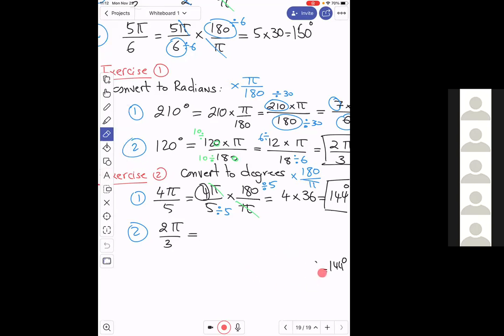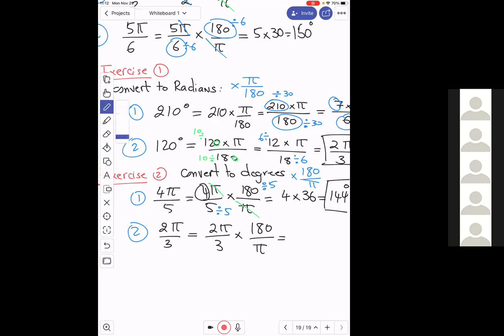So that's 144 for number 1. Number 2 is again 2 pi over 3, and we're going to multiply by 180 over pi. Whenever you want to convert radians to degrees, the first thing you can do is cancel out the pi.